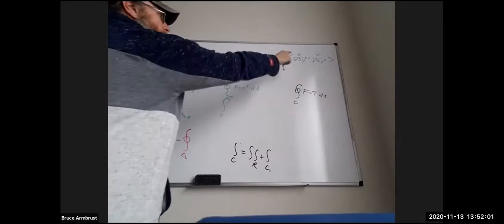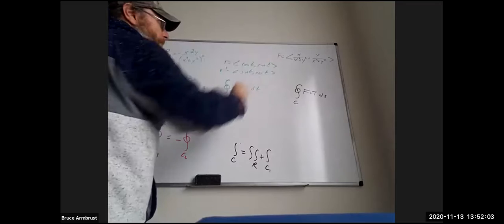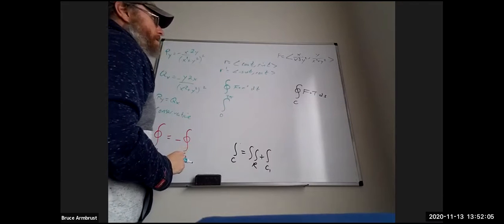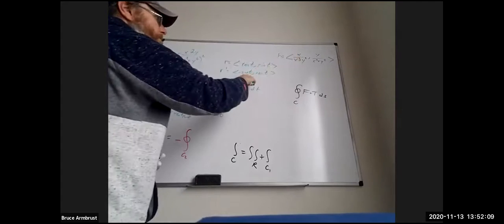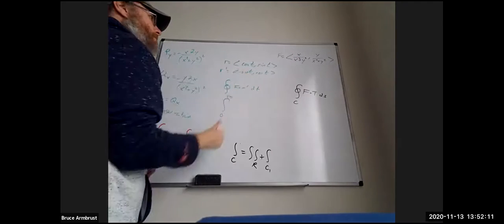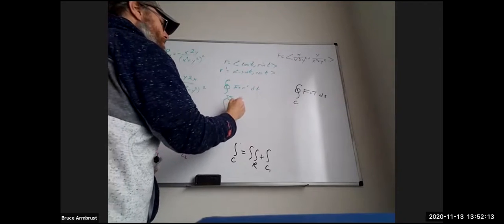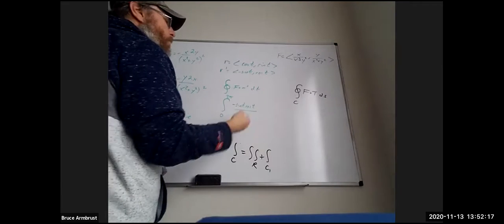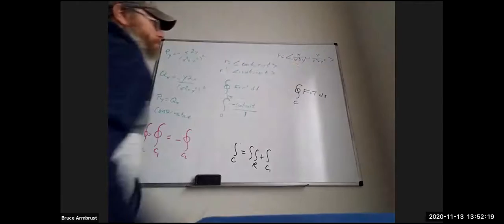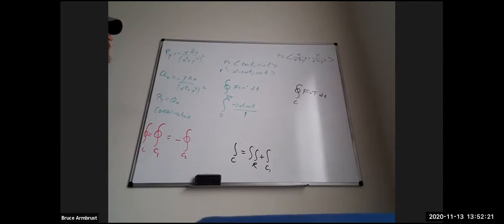If I dot f with r prime and I put in my other values, I'm going to get cosine times minus sine, so minus sine t cosine t over 1, because that's what x squared plus y squared is going to equal.